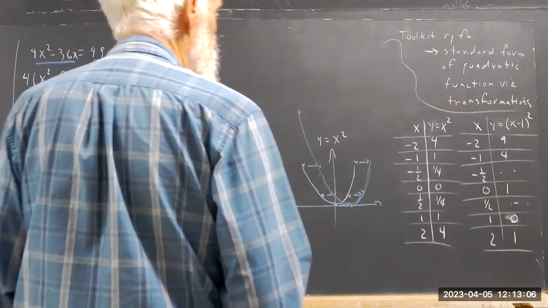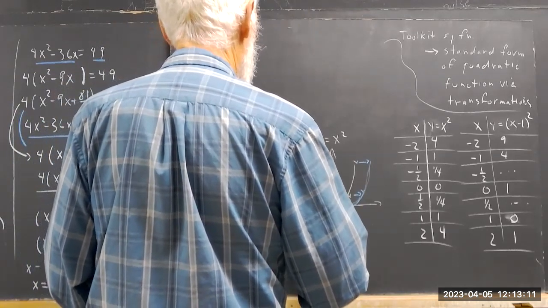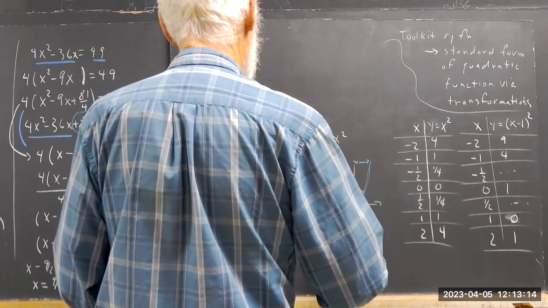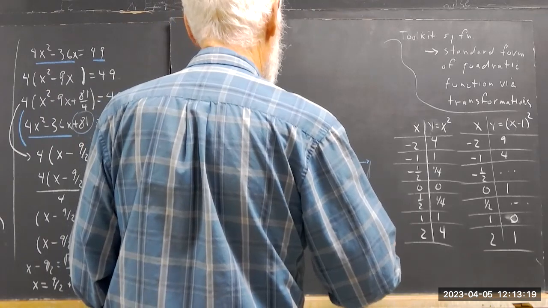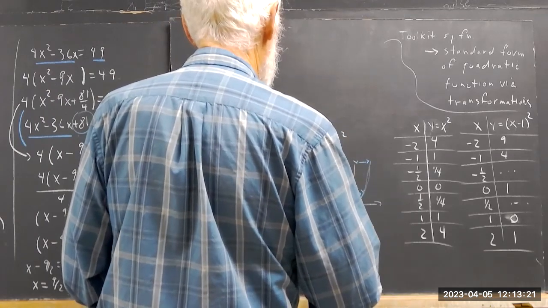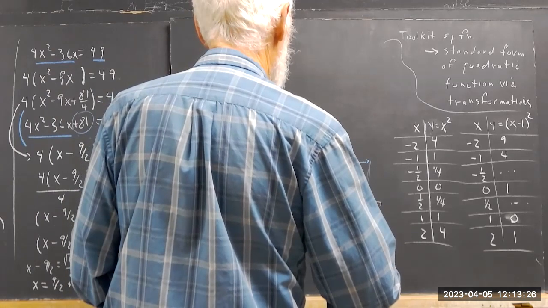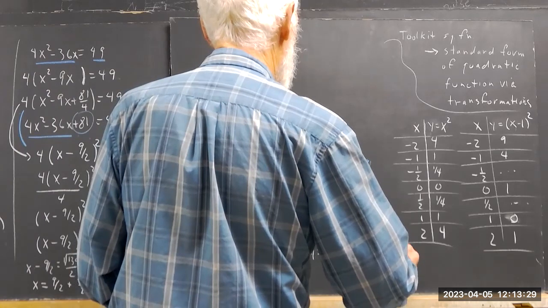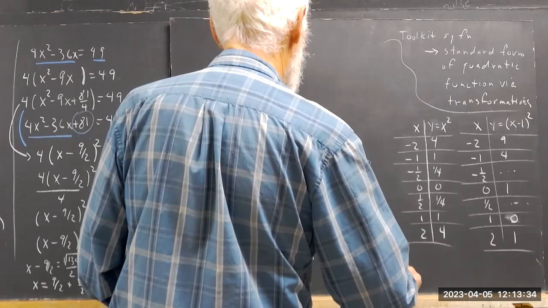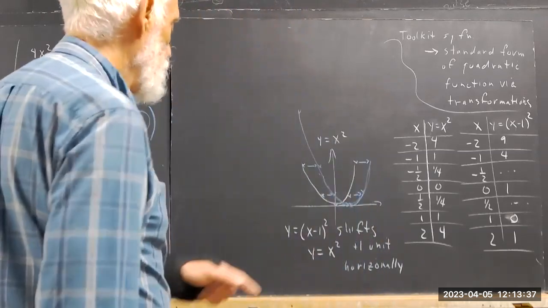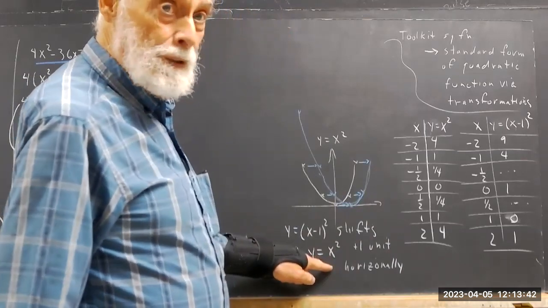Okay, so I can say that y equals x minus 1 quantity squared shifts your y equals x squared graph.